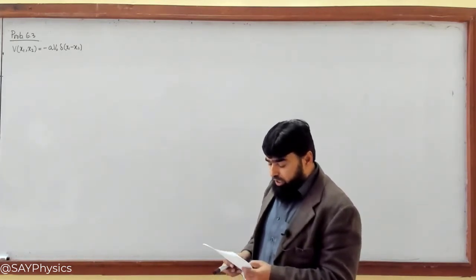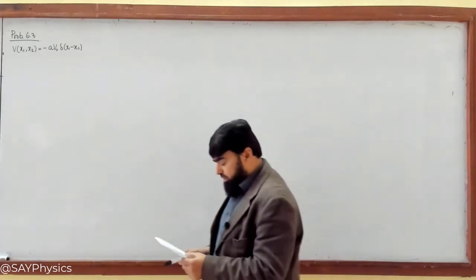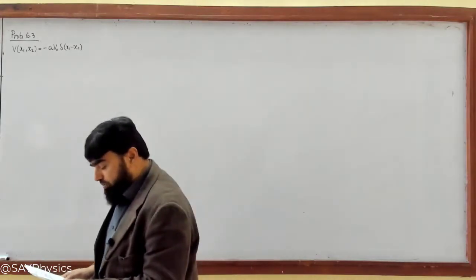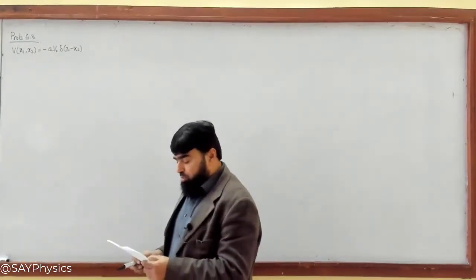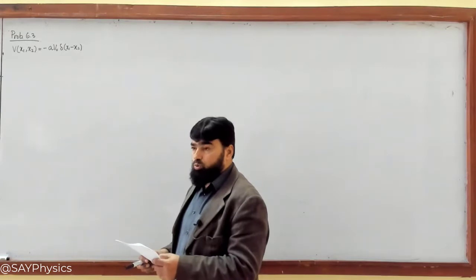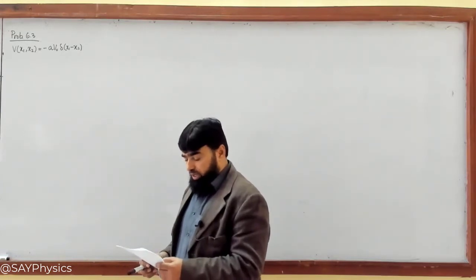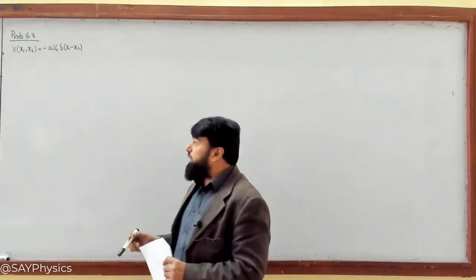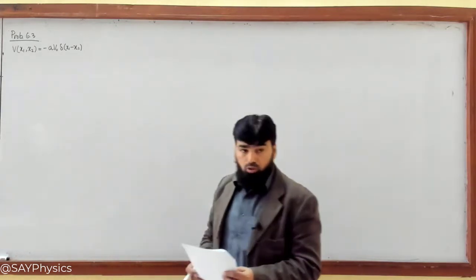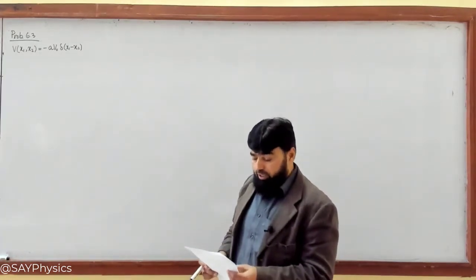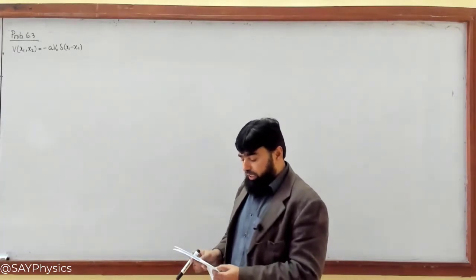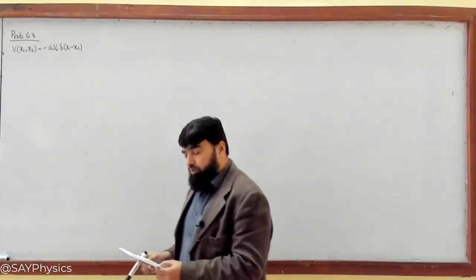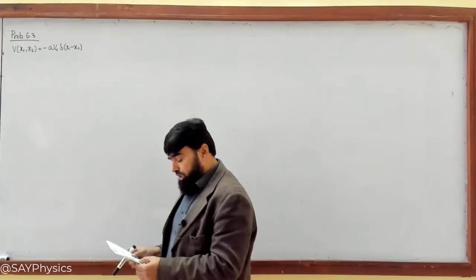Now the first question, which is part A. First, ignoring the interaction between the particles, find the ground state and the first excited state, both the wave functions and the associated energies. In the first, we will ignore any interaction between these bosons, and we will find the ground state energy and the first excited state energy.